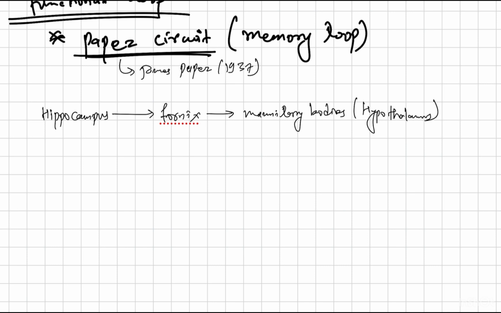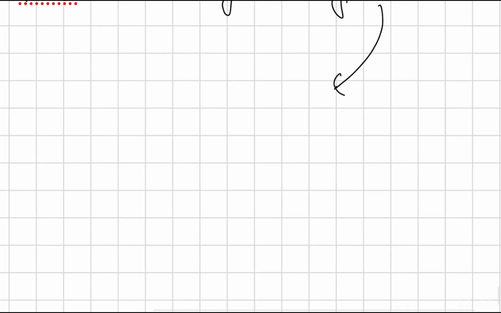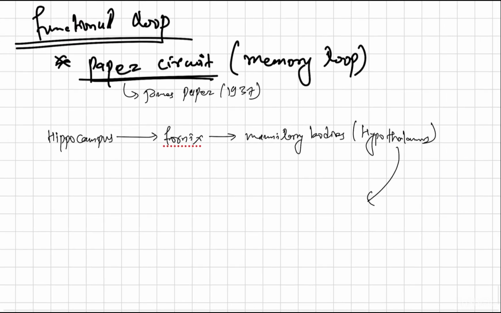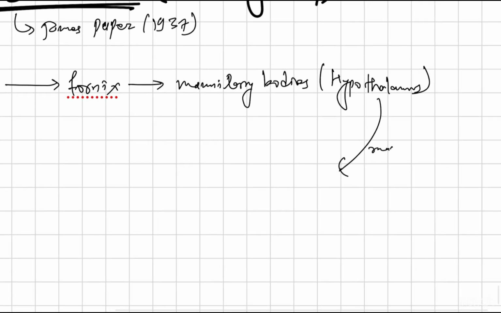Then it passes through the mammillothalamic tract to the thalamus, connecting the anterior thalamic nuclei. Then there is the cingulate gyrus.